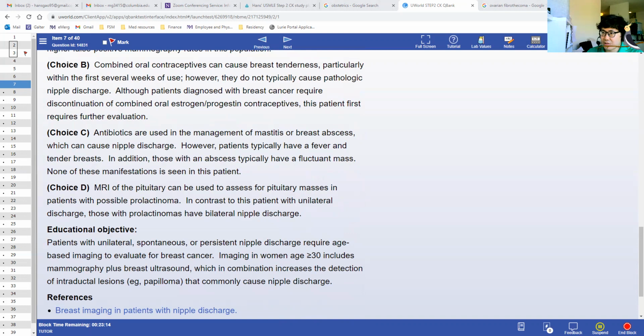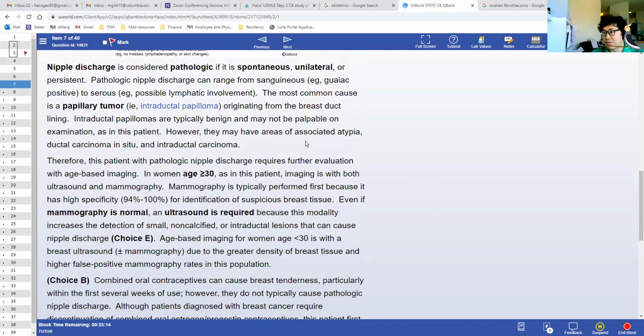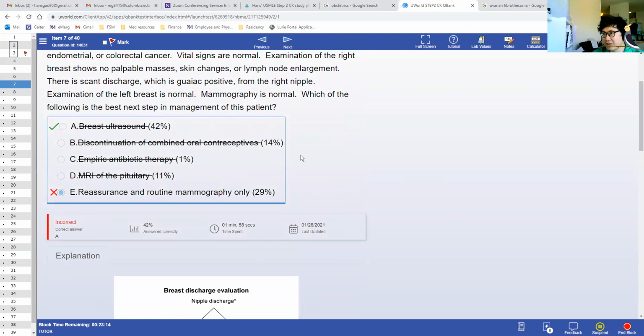I mean, I guess. All right, whatever. I guess this is more of a protocol thing, and you have to positively identify the duct.